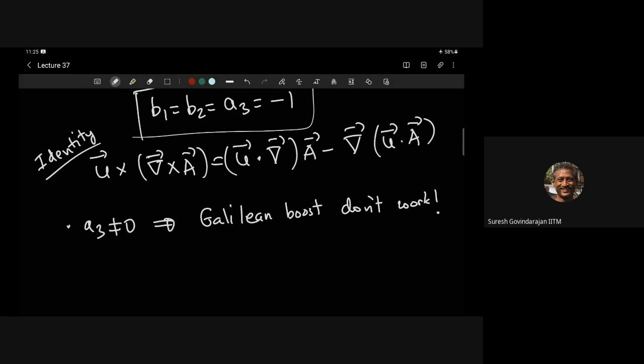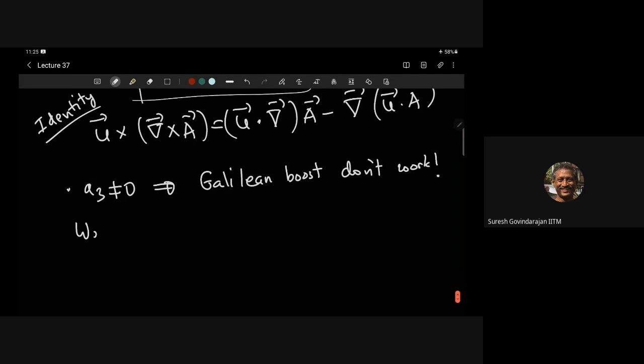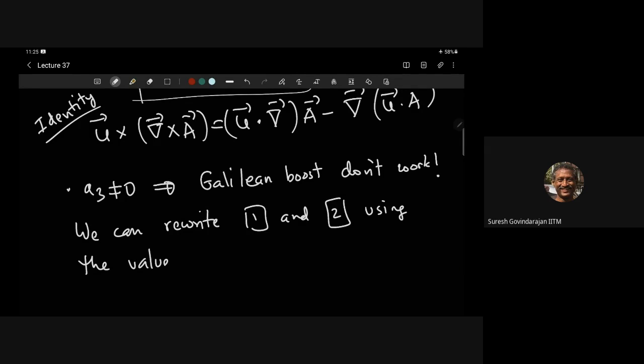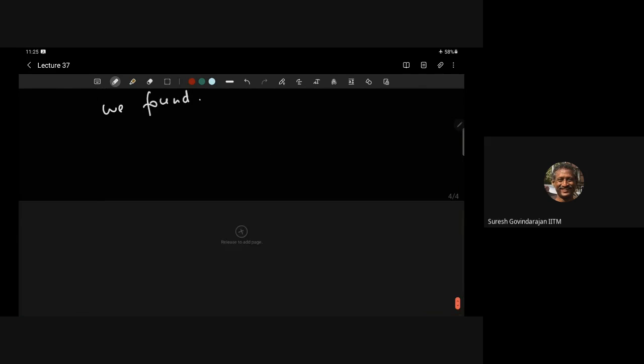Okay. So now we have got all these values. We can go back and plug them into equations. And now I'm going to do it.